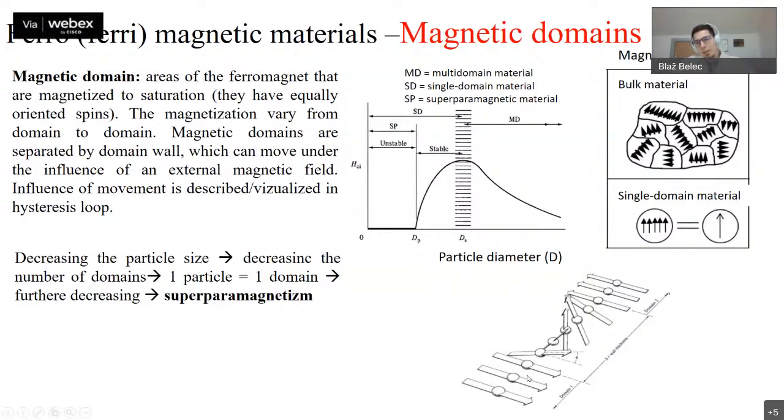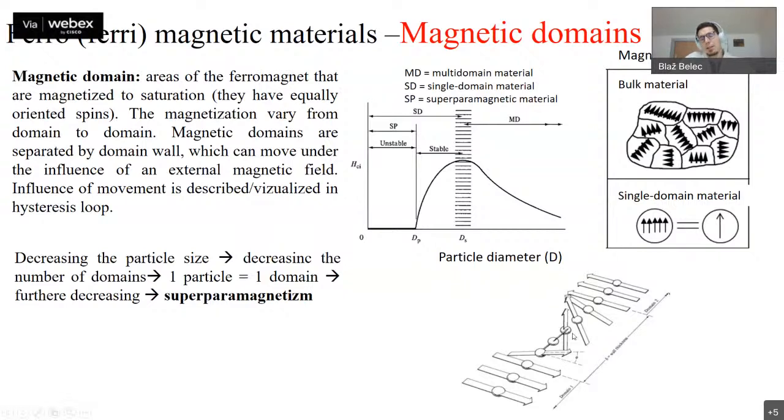So here below, if you imagine, in the middle is the domain wall. And the magnetic field is pointing up. In the domain wall, the spins start to flip towards the direction of the external magnetic field.